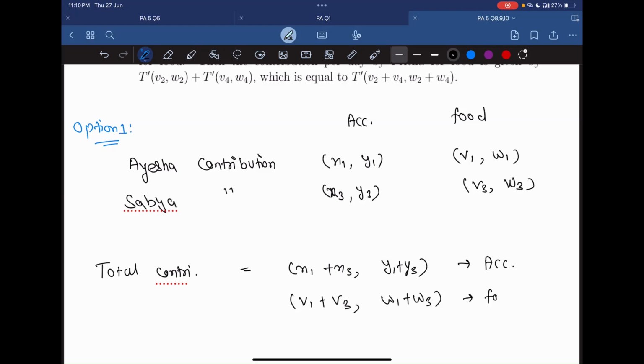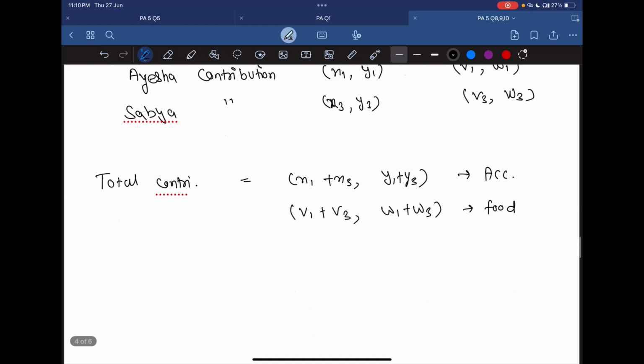This would be for food. And our contribution for accommodation is given by our linear transformation T. So Aisha's contribution, if she pays on behalf of herself and Sabya, would be T of x1 plus x3, y1 plus y3.